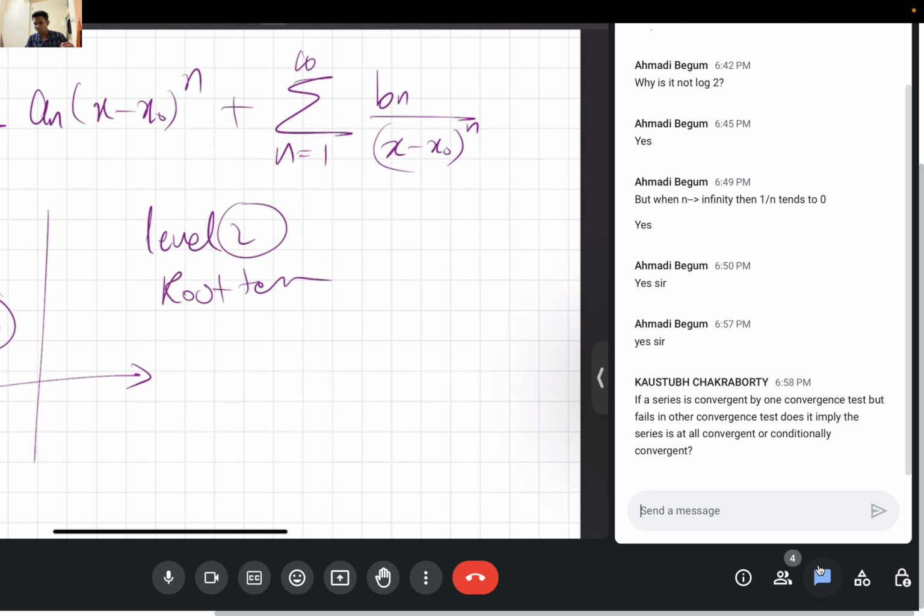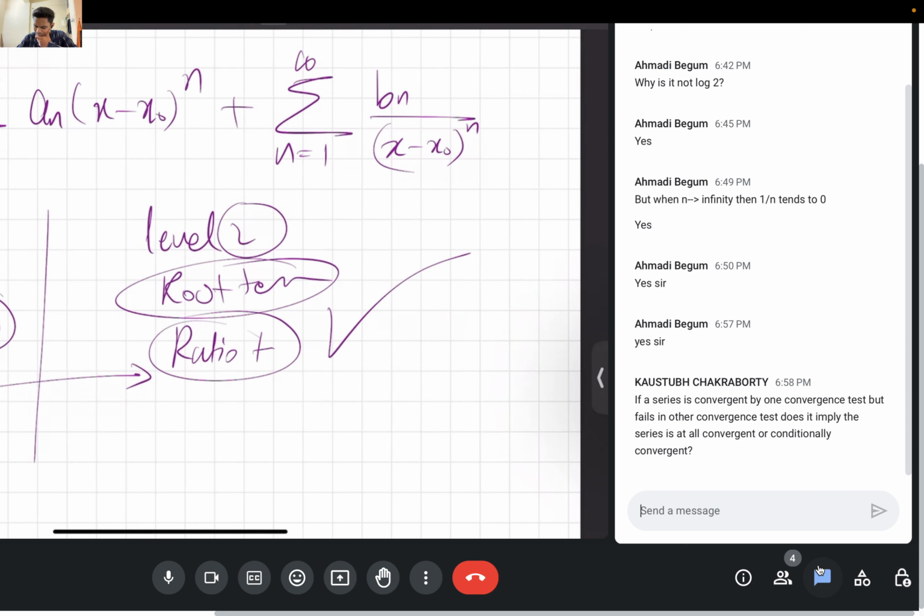When you're applying the root test and all, at the back of your head you know that if these tests, root test, ratio test, are successful, then definitely my series is absolutely convergent, because all this level 2 testing depends on the fact that your original series was absolutely convergent.